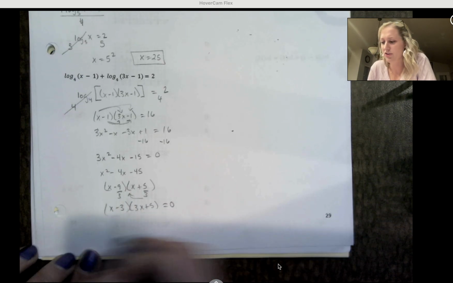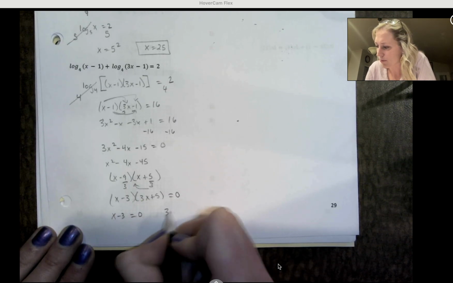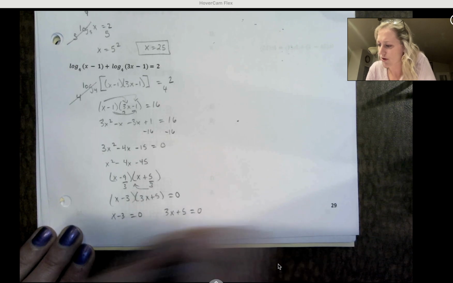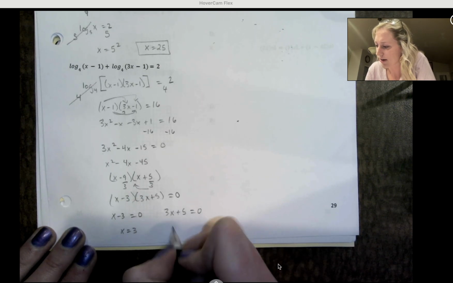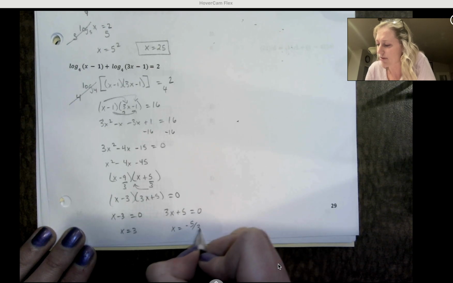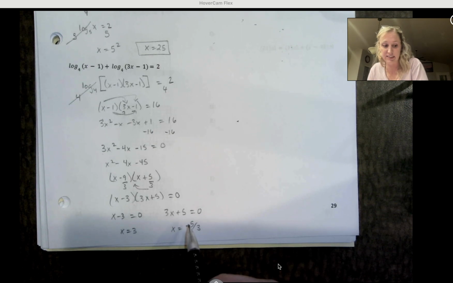All right, set each of these equal to 0. So we got x minus 3 equals 0, 3x plus 5 equals 0, solve, we get x is 3. Here, I'd subtract 5 and divide by 3, so I get negative 5/3. Okay, so I do have a negative solution, so let's see if that is viable.